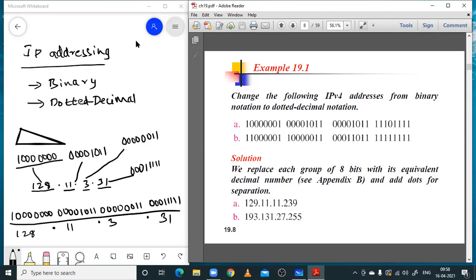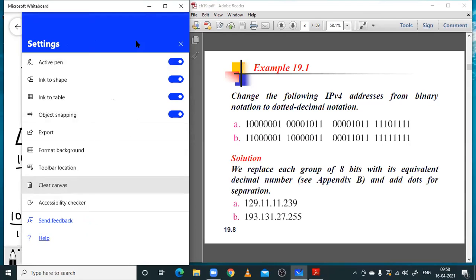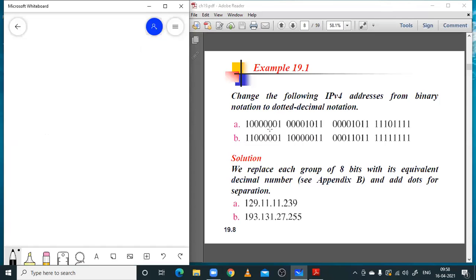Okay, you observe here in these examples. What is the question here? Change the IPv4 addresses from binary notation to dotted decimal notation. Similarly, you have to change this one. The first one is 10000001.